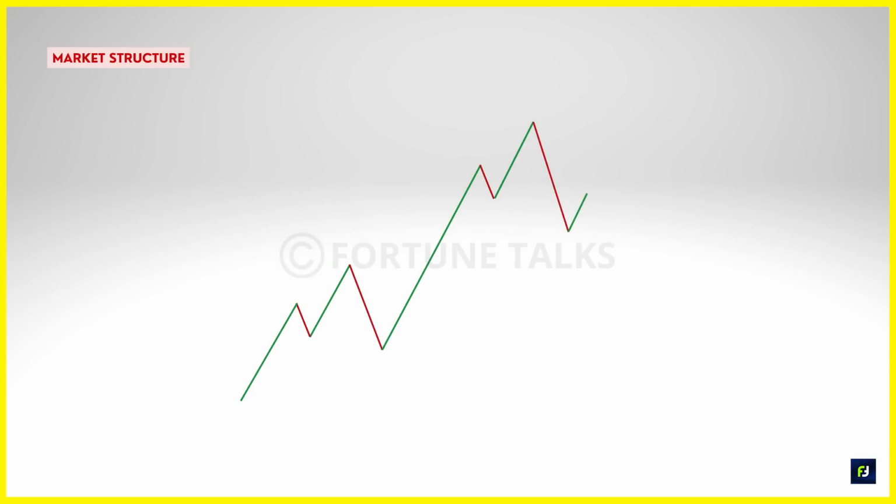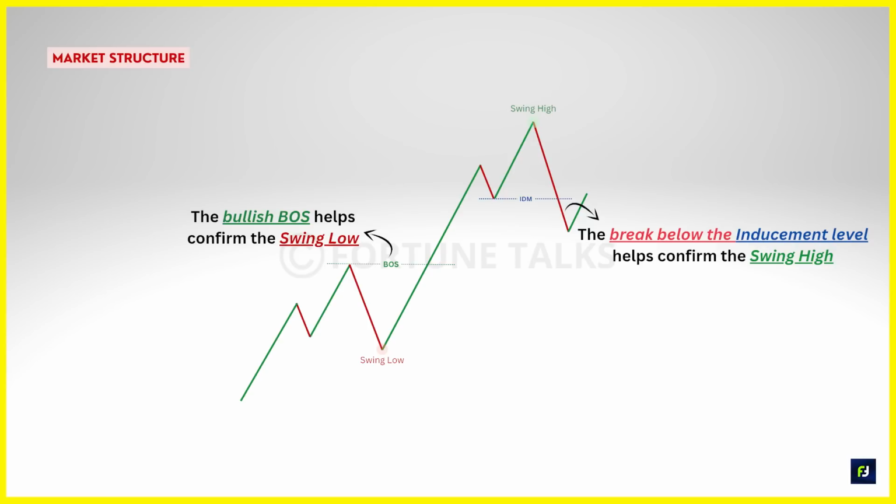In short, when drawing the market structure, the dominant trend's swing high and swing low are typically identified. The most important element in the swing low estimation is the break of structure, and that in the estimation of swing high is the price retracement below an inducement level for a bullish market structure.